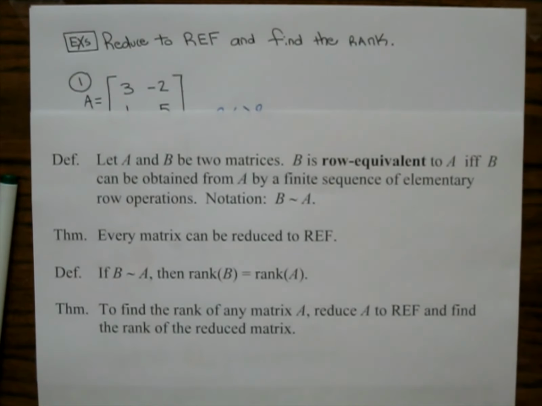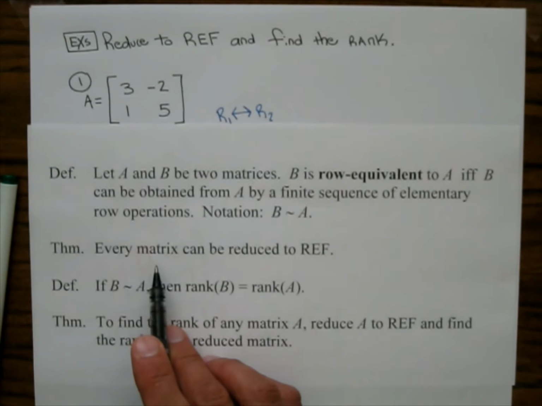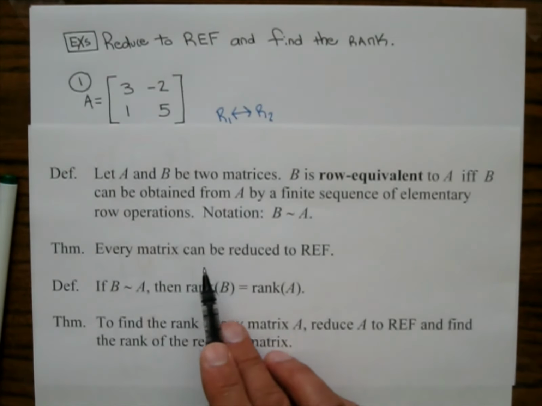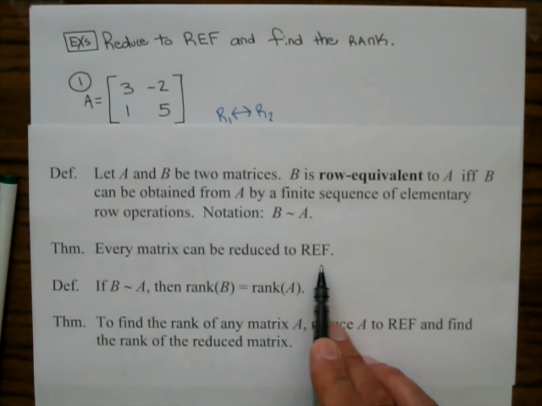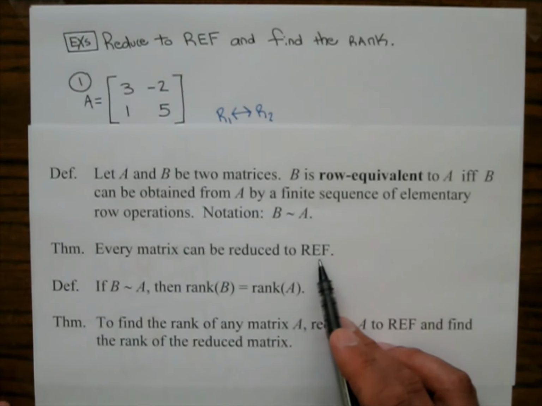Now here's the theorem, which we're not going to prove. Every matrix, including the one we had here, can be reduced to row echelon form. This is good because if you're doing your homework and they say reduce to row echelon form, you're not going to wonder whether this is one that has no solution or cannot be done.